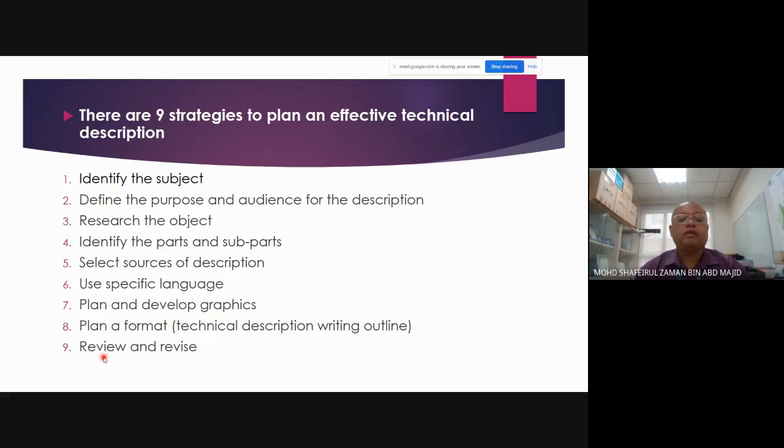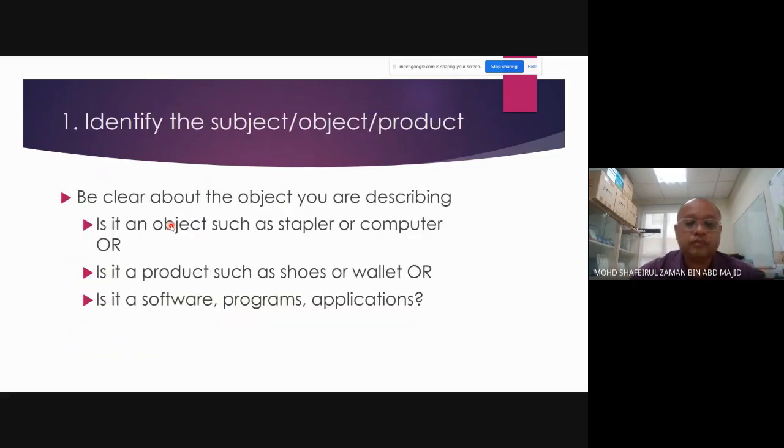And if there is any correction, any amendment, then you need to revise the content. Revise here means do the correction. All right. So that will be the 9 strategies to plan for an effective technical description. Okay, let's go into detail one by one.